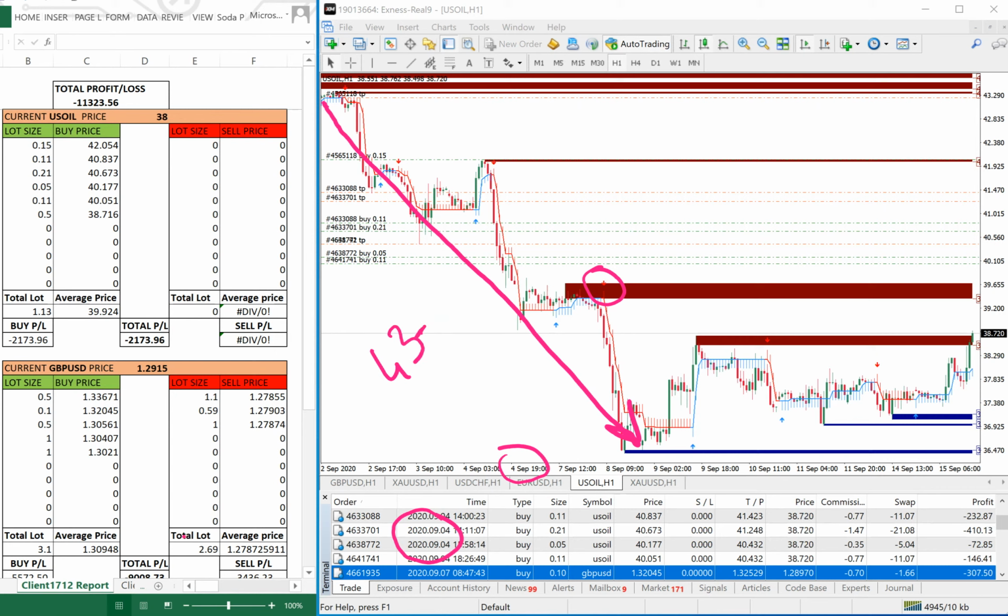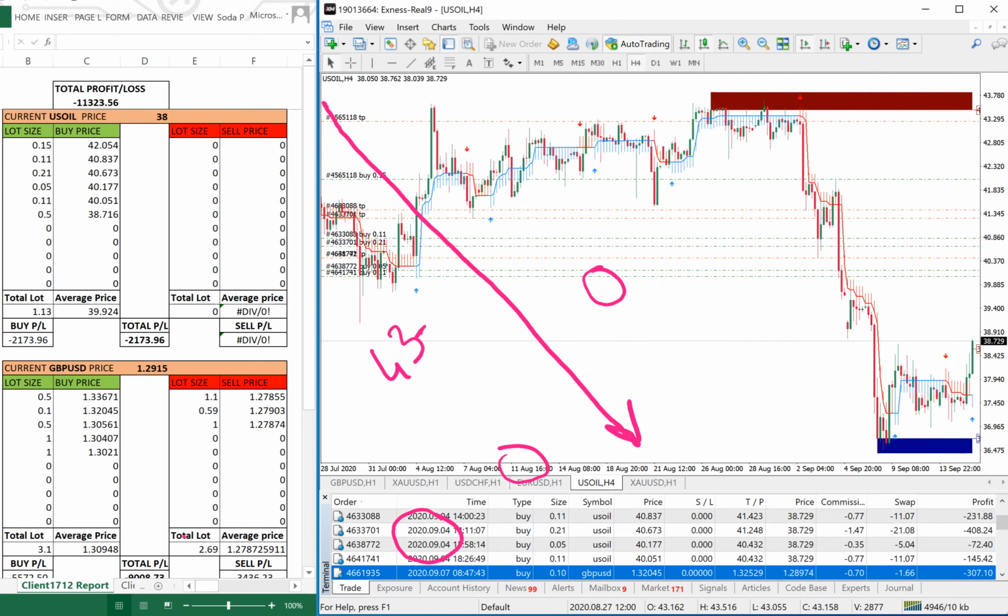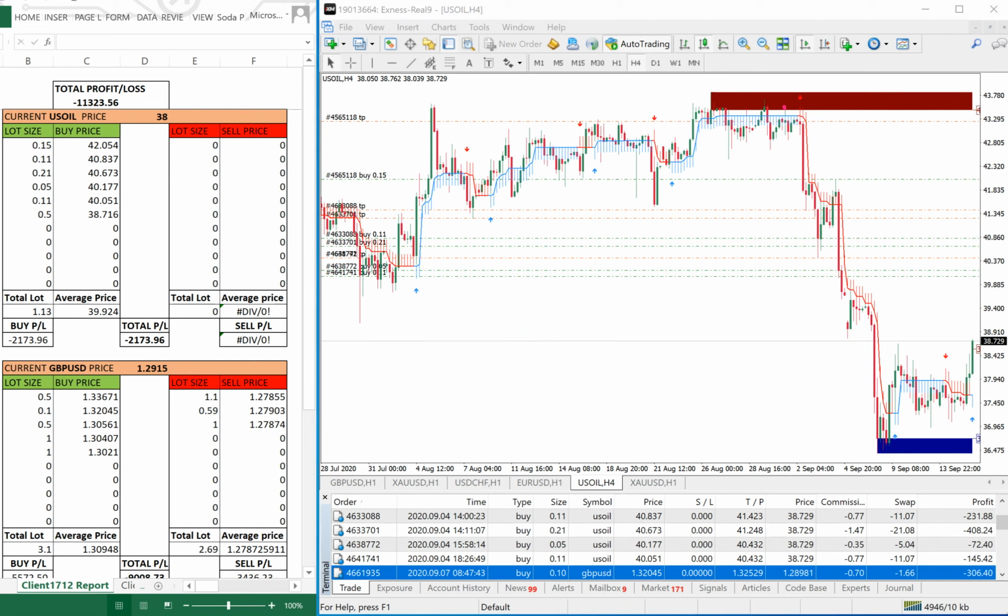But we will convert the chart into the H4 time frame, as we can generate fewer signals on it. In the trend chart we can see precisely the move from 43 to 36, and again from 36 to 38.